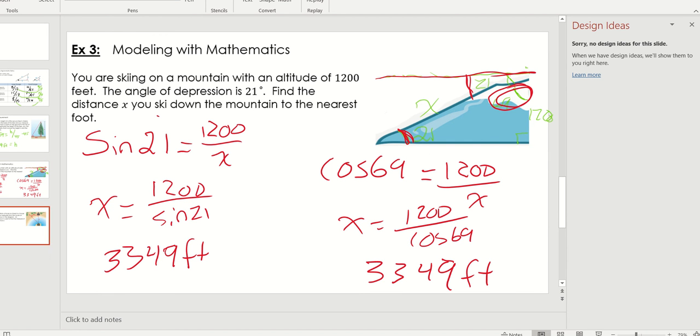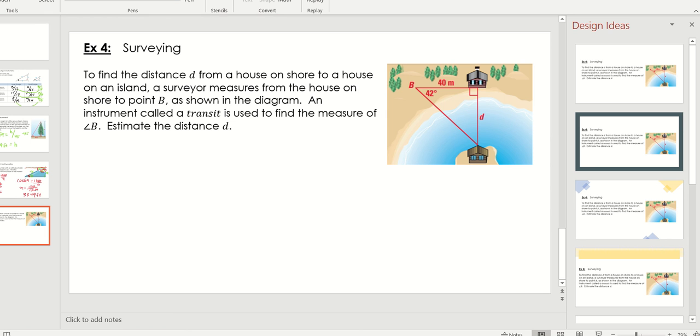So the last problem we had was using our surveying tools to find the distance from the house on a shore to the house on an island. So where we're surveying from at a 42-degree angle to the house on the island and 40 meters away from the house on the shore, we want to find that distance across. So again, I have opposite and adjacent sides in regards to this 42-degree angle.